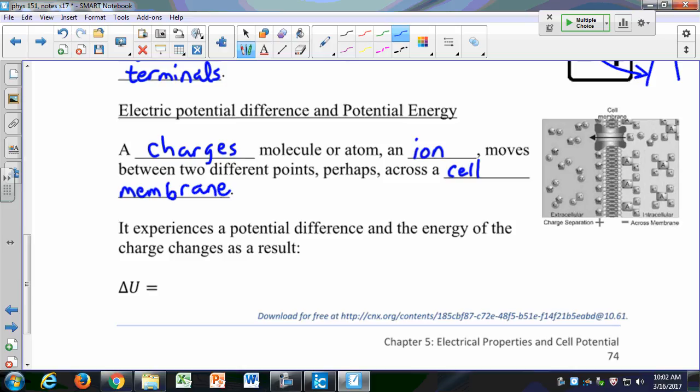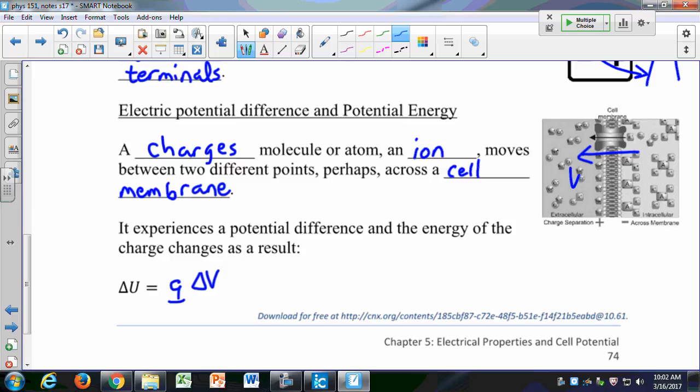So it experiences a potential difference, and the energy of the charge that passes from one side to the other will change. That energy is going to equal Q, the magnitude of the charge, how big is the charge, is it 2 coulombs, is it 3 coulombs, times the change in potential.